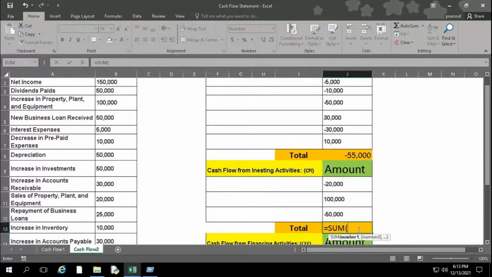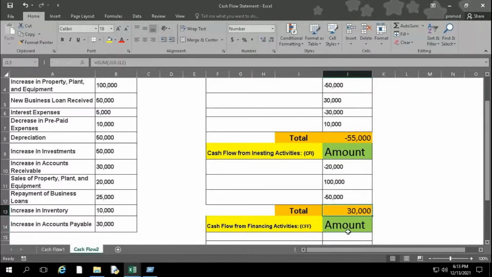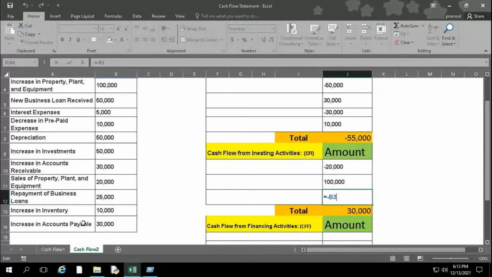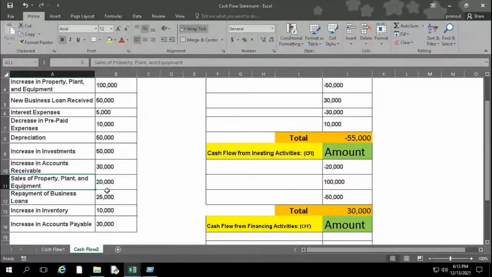1,30,000. That is 1 lakh 30,000 CFI. CFF is 1 lakh 25,000. That is 30,000 CFI. Okay, I am getting 30. So sir, sales is minus. Increase in investment also we should minus, sir. Where is increase in investment? 50,000 in A11, sir. Sales, that is sales of property, 20,000.